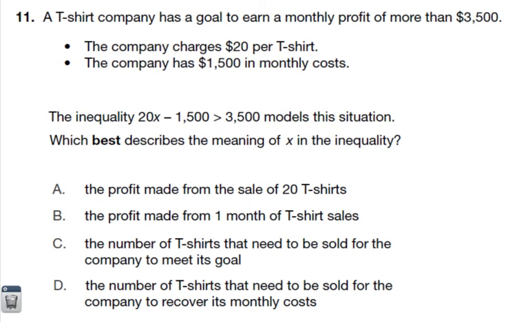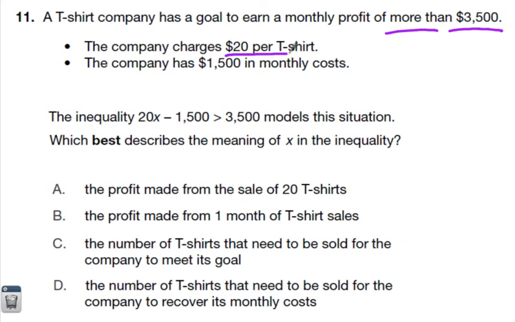So a t-shirt company wants to make a profit of more than $3,500. So that's important. And let's stick with purple. Go Donatello. The best of the Ninja Turtles by far. So profit of more than, that's some keywords, people.